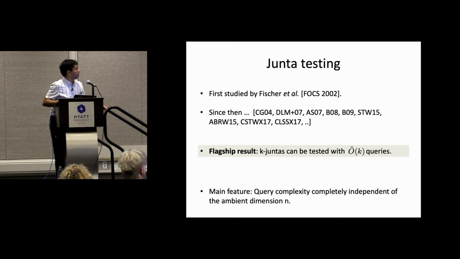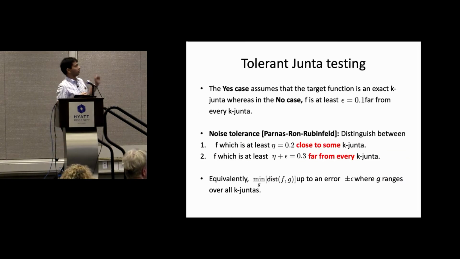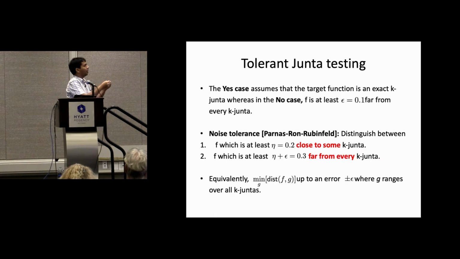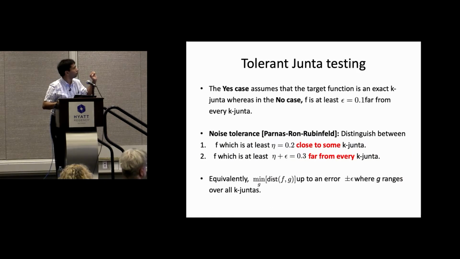Now, what we are interested in is a robust version of this property. In most of the results I mentioned on the last slide, in the yes case you assume that the function is a k-Junta, whereas in the no case you assume that the function is, let's say, at least 0.1 far from every k-Junta. So in the previous slide, when I said it's order tilde k queries, I was thinking of epsilon as a fixed constant, say 0.1.